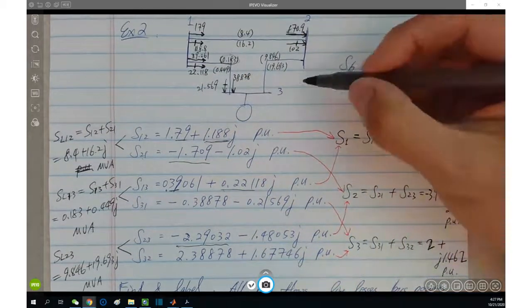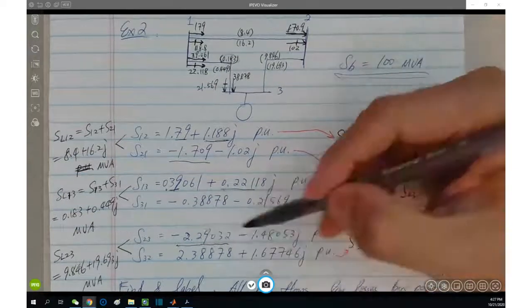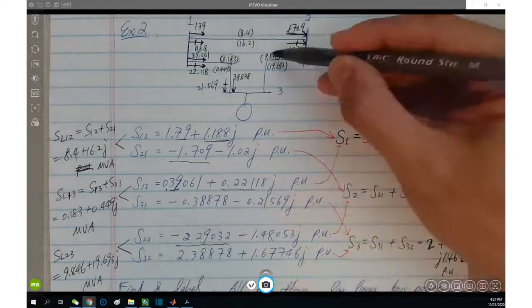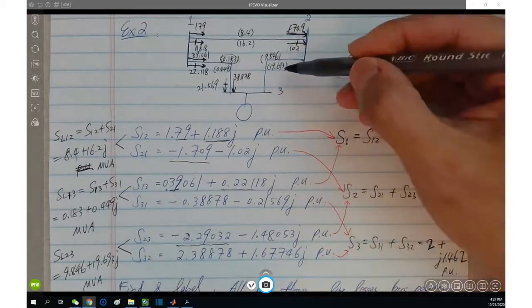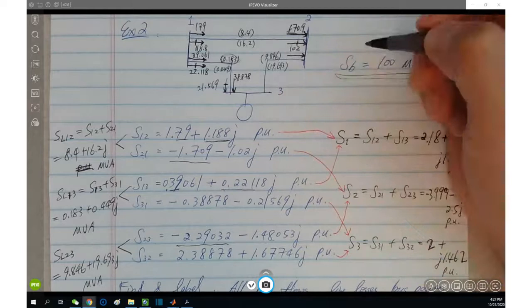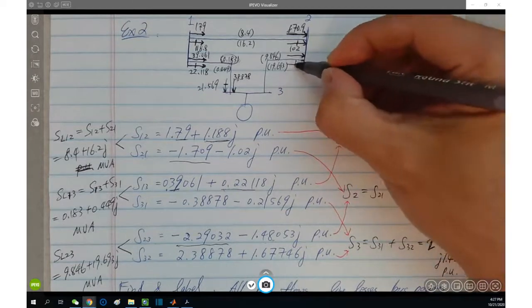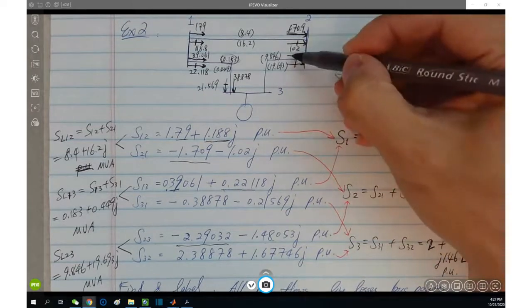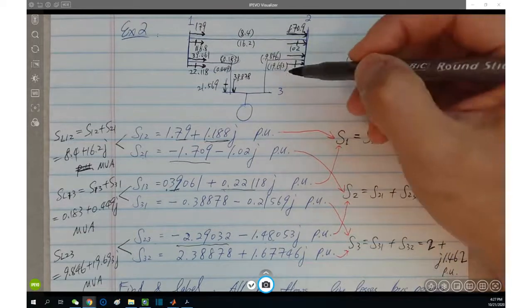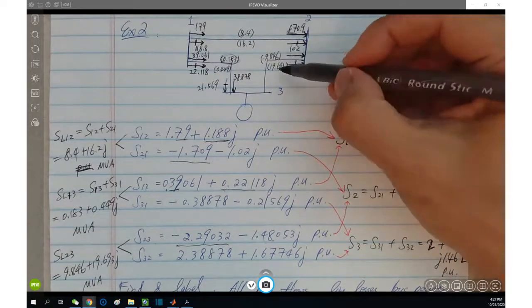And the next, the 2, 3, negative and negative, be careful. 2, 3 means from 2 towards 3. However, it's a negative value, so we flip the arrow direction. Once again, be careful. Above the line is active power, below it is reactive power.